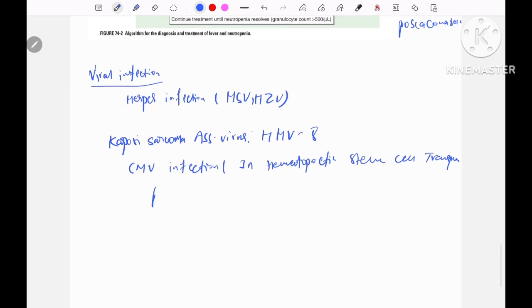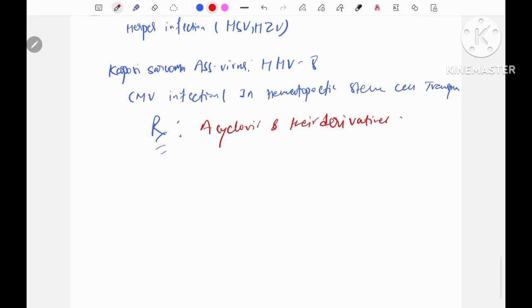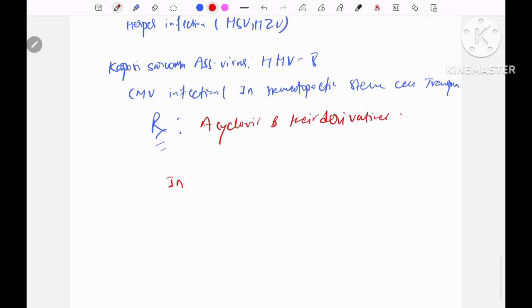And its treatment is acyclovir. We give acyclovir and its derivatives. But we also give an additional influenza vaccine if there is a risk of respiratory infection.